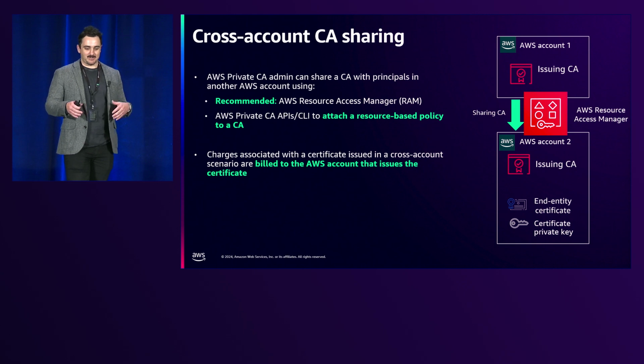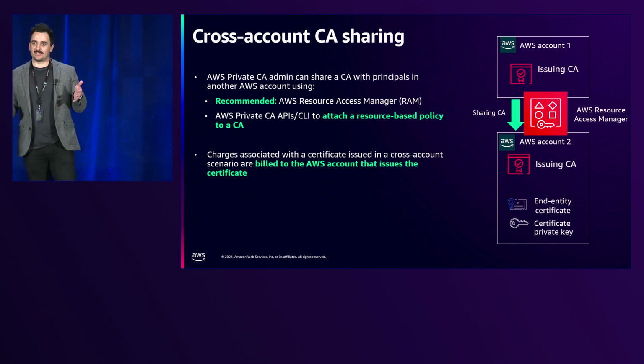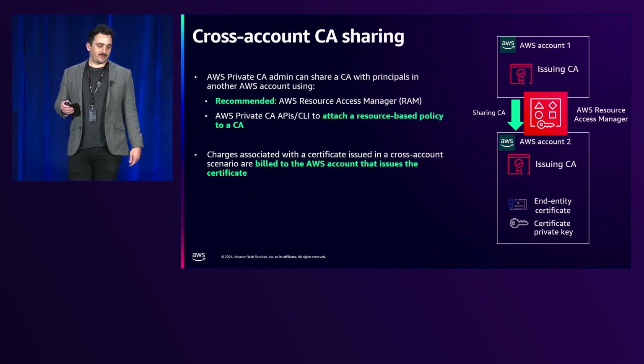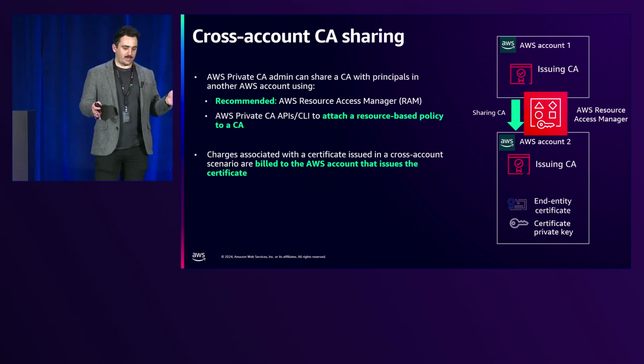If we're talking about cost per CA and level of overhead, I think it's about 400 per instance of a private certificate authority. So this helps you not only with complexity, but also with cost.